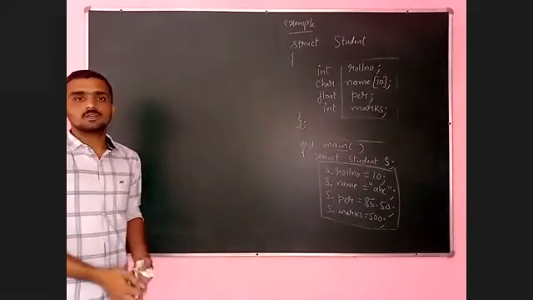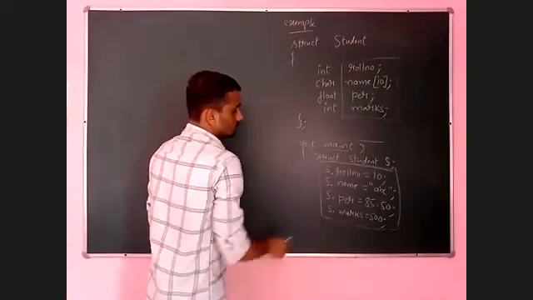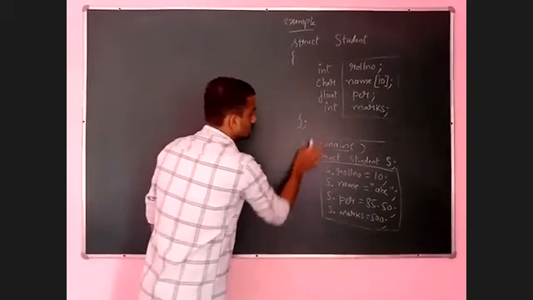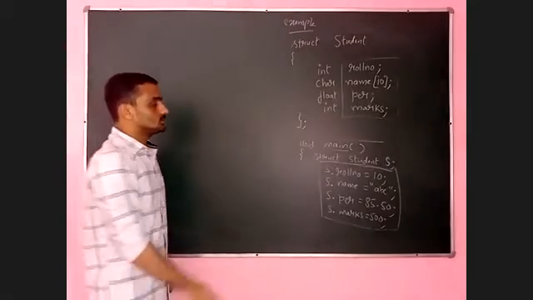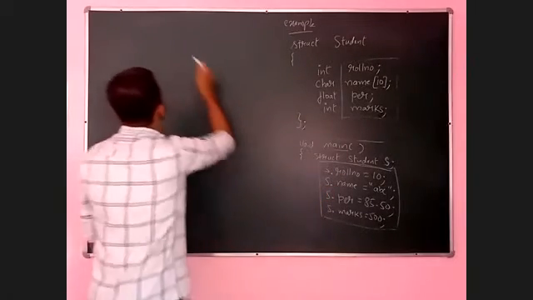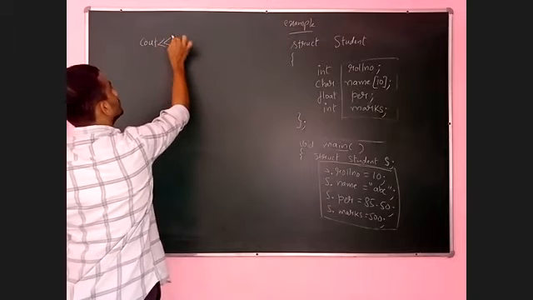I am just extending the program. Once I store these values, we can display these values. So I want to put a closing brace here. That means the program is not ended. So to display these values, we have to write the statement called cout.